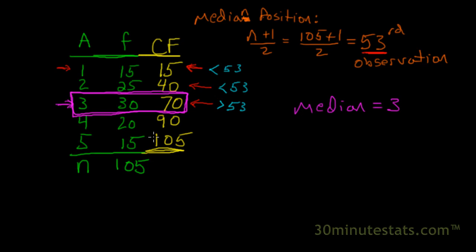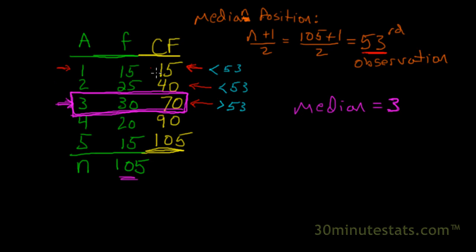Okay, and so of these 105 observations, approximately half have values less than the median, and half have values greater than the median. And so right now the 53rd observation falls into this category.